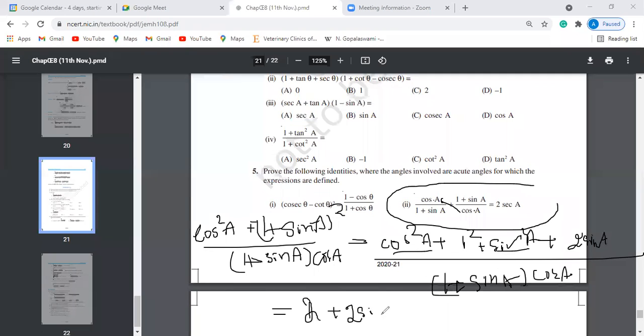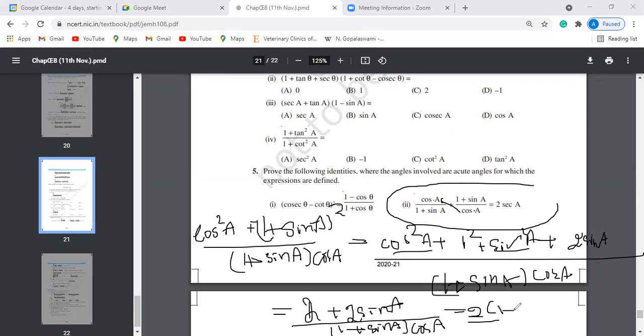Okay? 2 sine A divided by 1 plus sine A into cos A. Now here 2 is common, so you can take 2 outside.